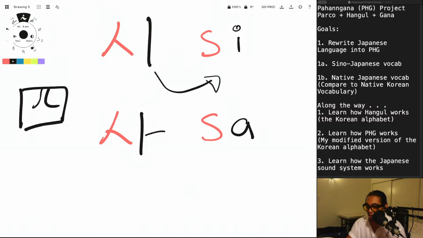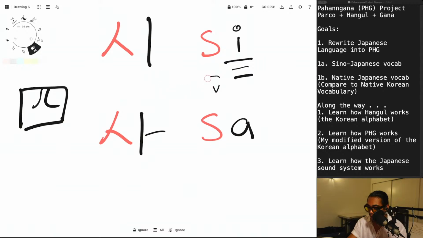Yeah, it's a little bit confusing, I would have to have more conditional statements. So for now, I'm just gonna keep it simple and just have this character be I. So there we go. We have shi and sa.